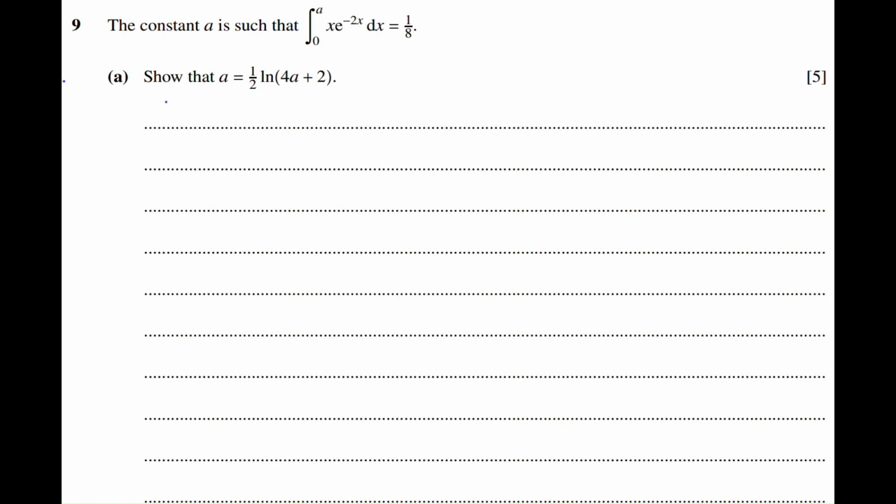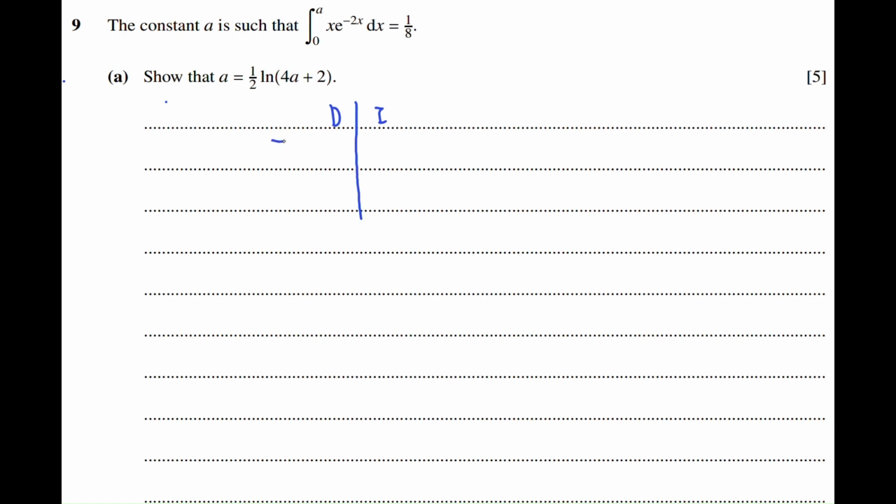In this case, we are asked to integrate x e to the power of negative 2x, which is a product of two functions. So the technique that we're going to use is integration by parts, which I'm going to demonstrate using the DI method. To do the DI method, we start by writing a column for D and a column for I. D is for differentiation, I is for integration.